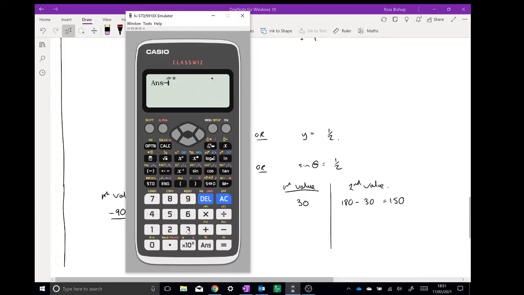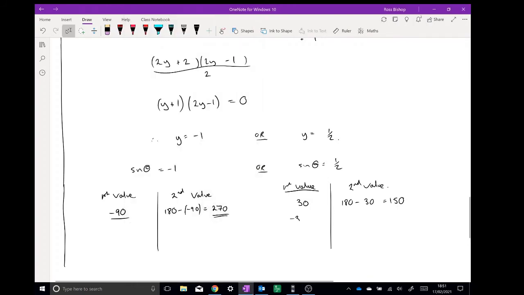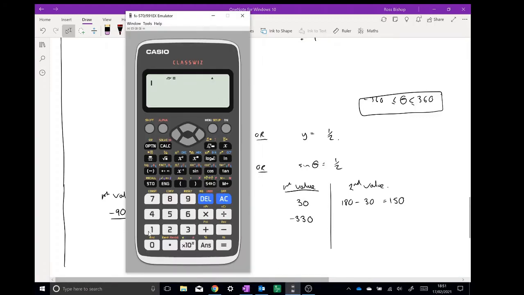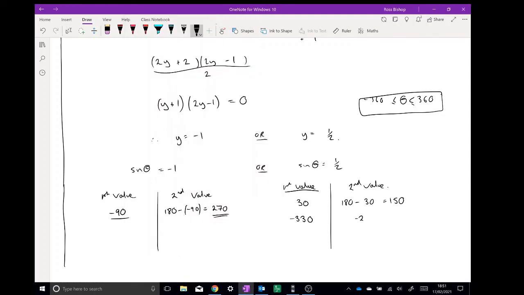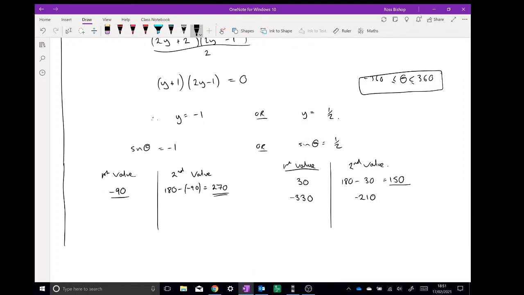So if I minus 360 from 30, minus 330, that's within the range. Remember the range was between 360 and negative 360, I said it right at the start of the question. And if I do the same on this side, if I minus 360, I get negative 210, so that's going to be in my solutions as well. So I think I've got 6 possible answers here.